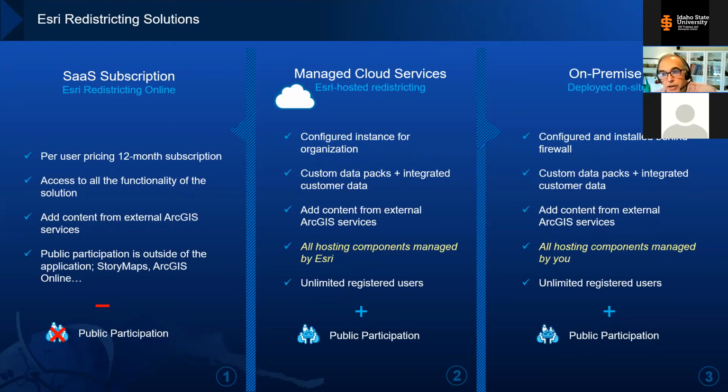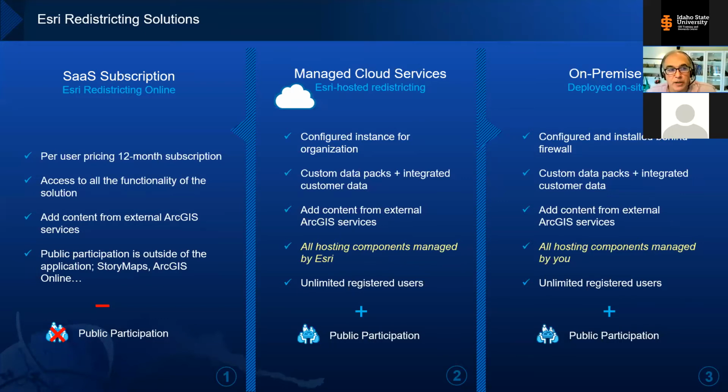These 2 other options, the managed cloud services and on-premise, are really suitable at the state level kind of deployment. Esri will set the whole thing up for you. That's the managed cloud services, and you interact with it through web applications. The on-premise is essentially setting up ArcGIS Enterprise on-premise and deploying in that environment.